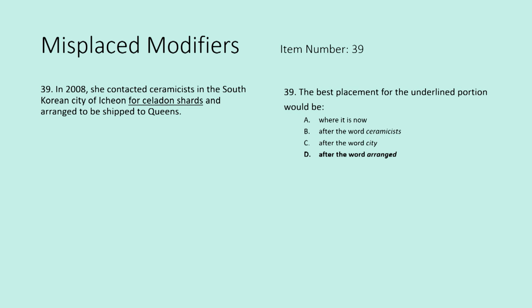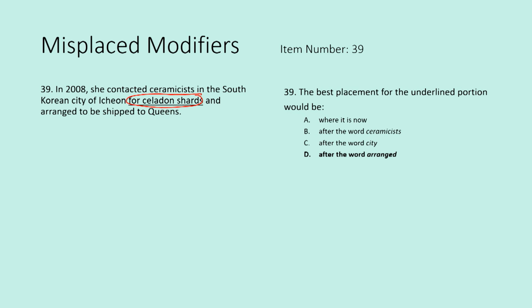The best placement for the underlined portion would be, so we need to look at this underlined portion, for celadon shards. The question according to ACT is, where should that underlined portion be placed best? So she contacted ceramicists in the South Korean city of Incheon and arranged what to be shipped to Queens?